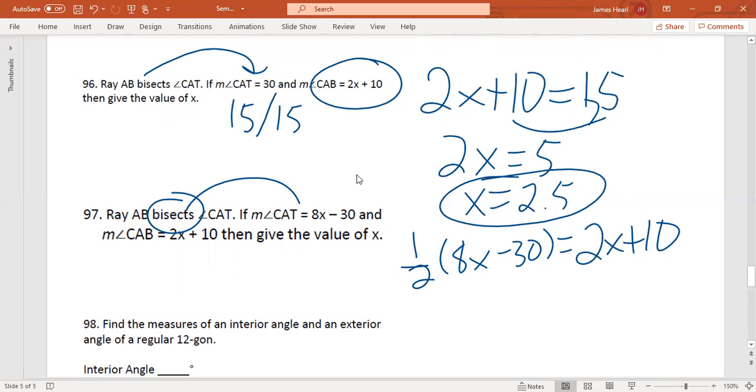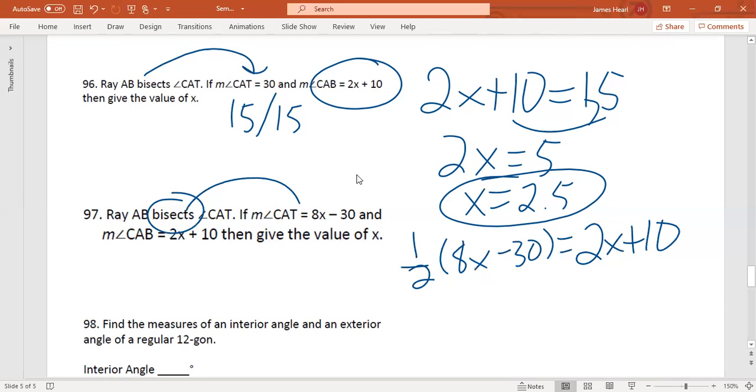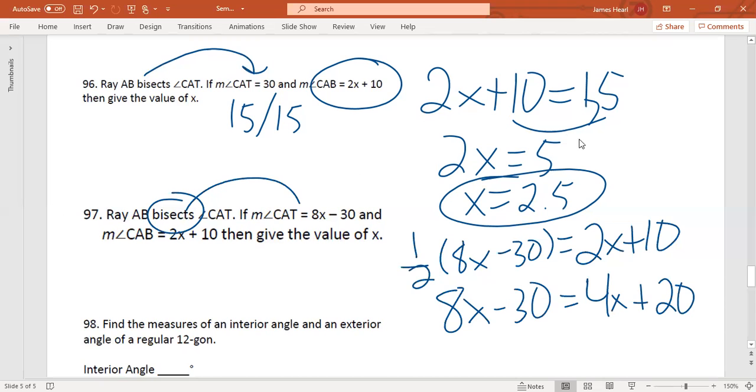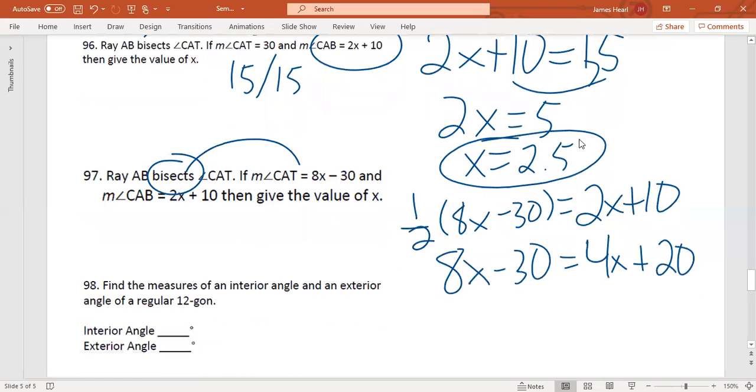You can distribute the 1/2, which in this problem would actually be easy because 8 and 30 are both even, or you can multiply by 2 just to clear out the fraction, which is the method I will show, because more often than not, you don't always have even numbers, so multiplying by 2 will make your life a lot easier. This problem happens to be really nice because it does have the evens in it.